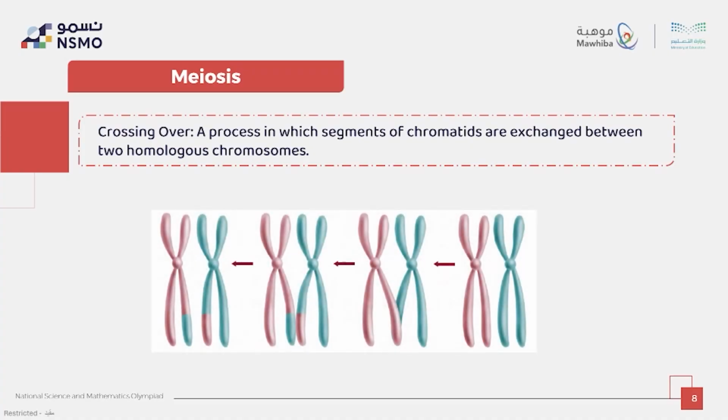This diagram shows the process of genetic crossing over, where homologous chromosomes come close together during the first meiotic division and exchange segments of their chromatids, resulting in a new chromosome with a unique genetic combination different from both parents, as we see here as a result. This exchange of genetic material is a key reason behind the variation of traits among individuals of the same species.